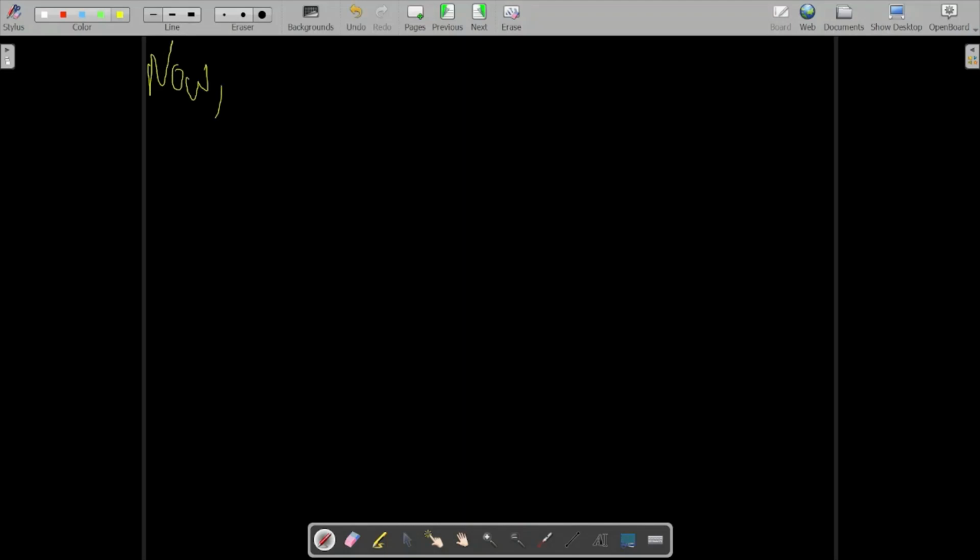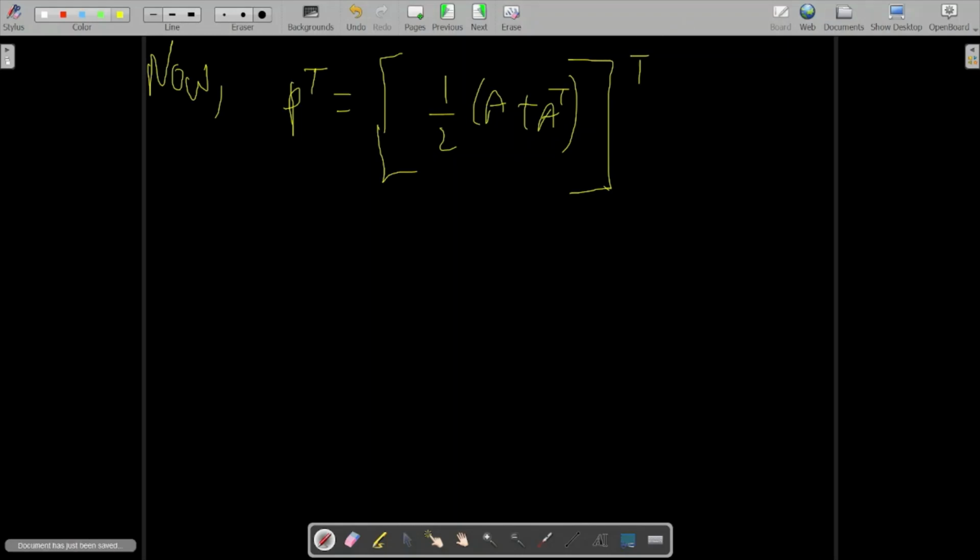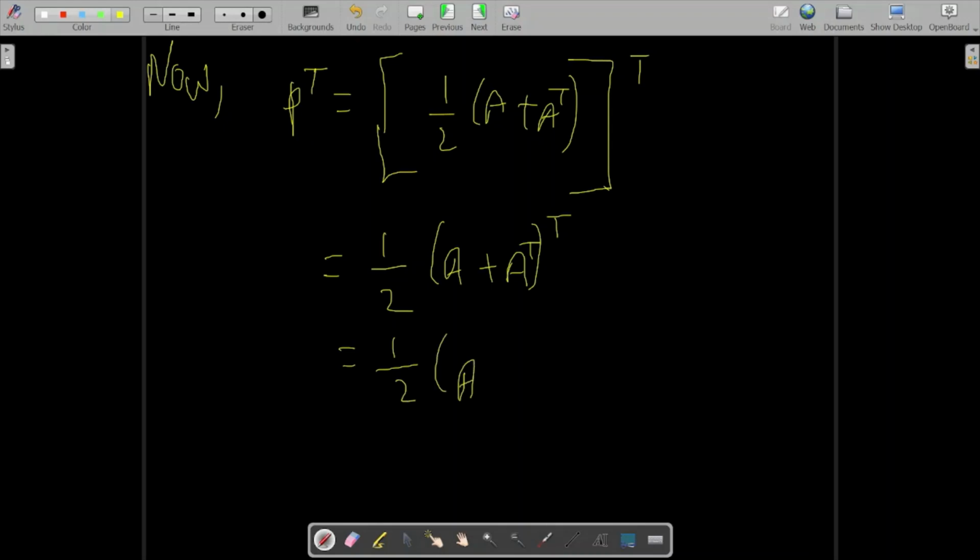Now P transpose. It will look something like this: half of A plus A transpose, whole transpose. This half will remain as it is, and A plus A transpose whole transpose, by the distributivity property, will simply distribute over it.